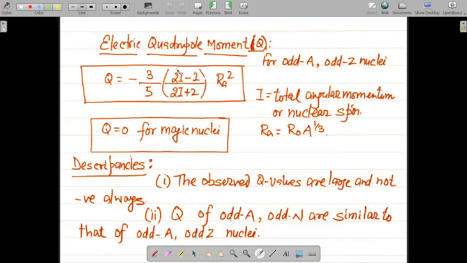In physics optional you can skip certain topics. So for example, the derivation of this particular expression, as far as the physics optional of UPSC CSE is concerned, can be skipped.